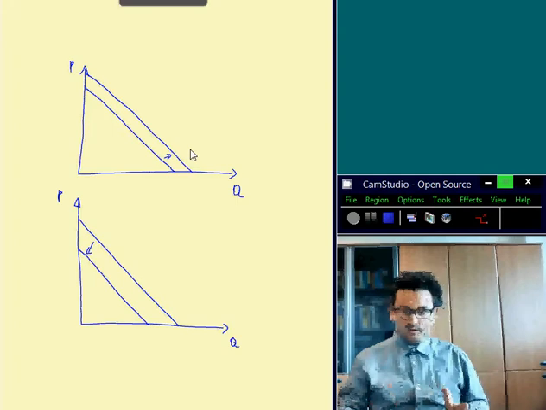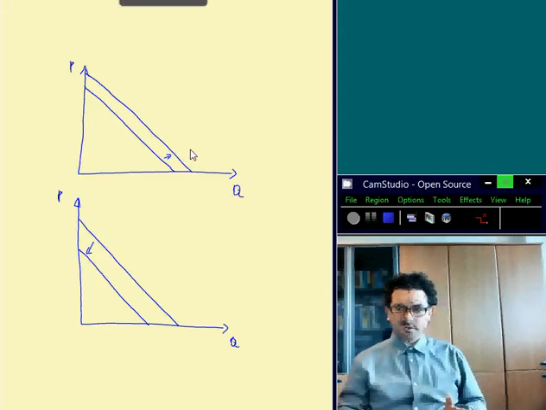In general, all factors affecting demand, other than the price of the good we are considering, can lead to a shift on the left or on the right. If a factor affecting demand increases the demand for each level of price, this means that we have a shift on the right.